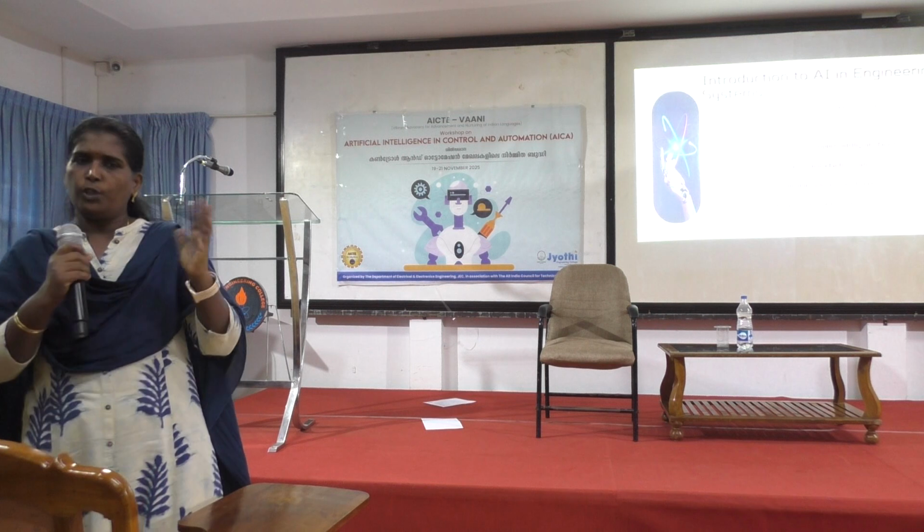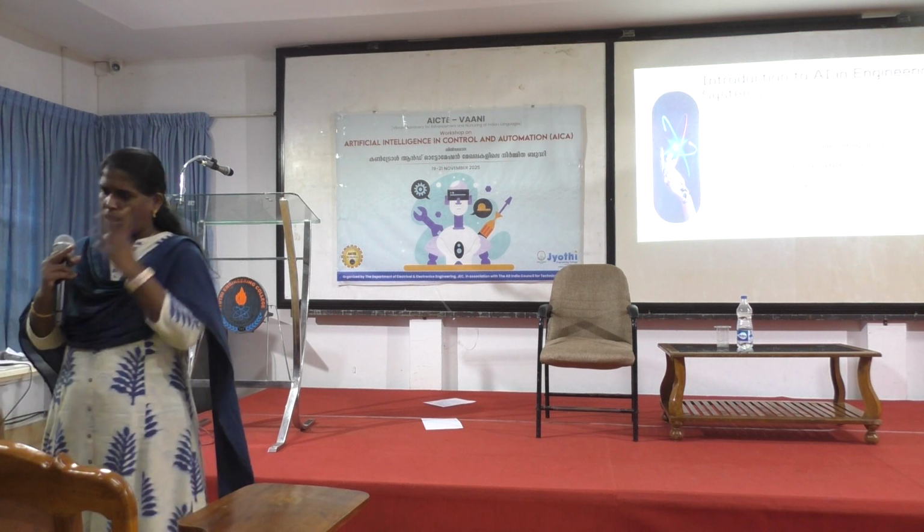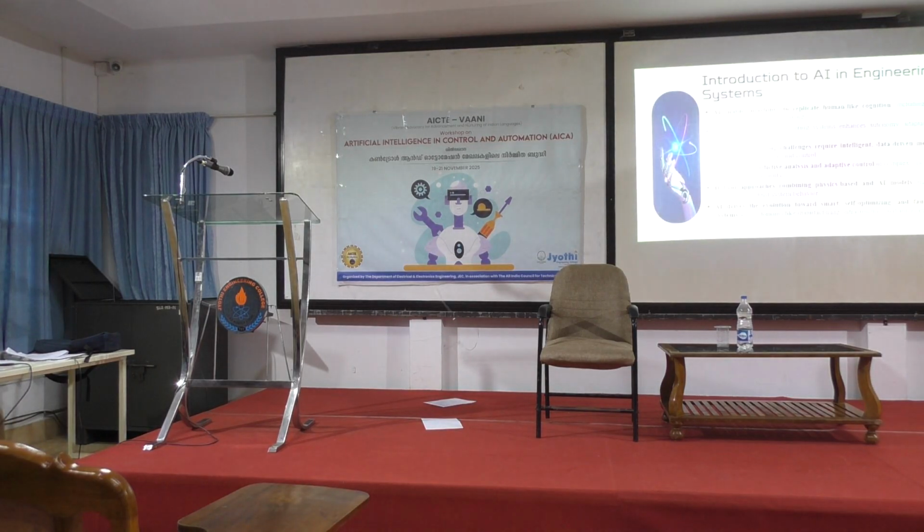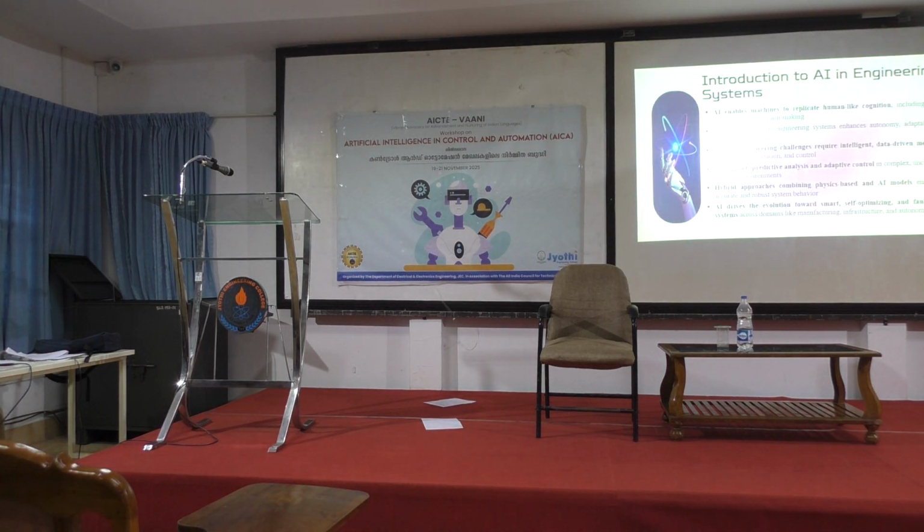So the neural models or artificial intelligence models are the black box model. Only differential equation, mathematical equation, that is the white box model. Combination of these is the grey box model.